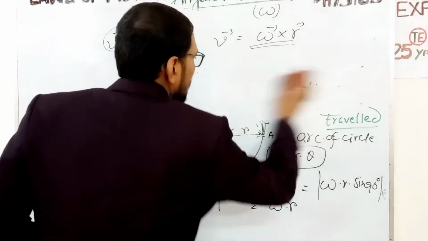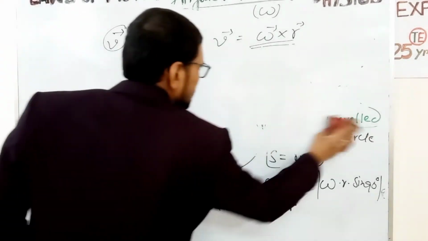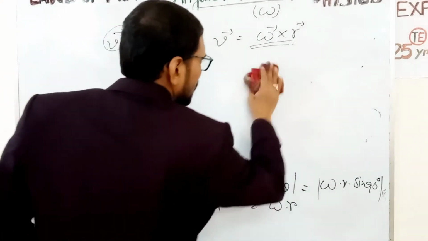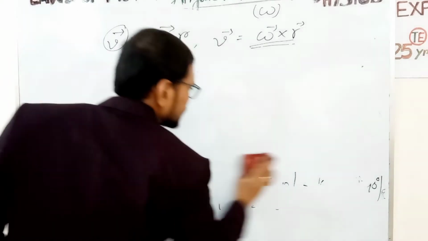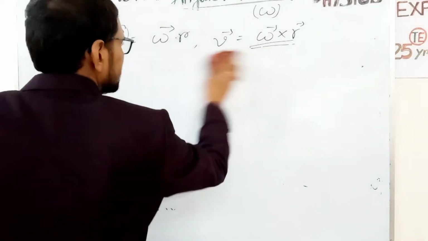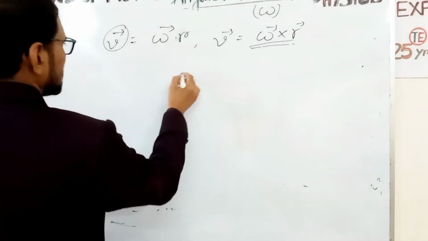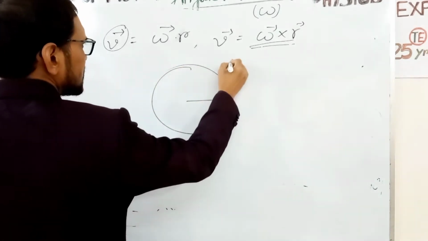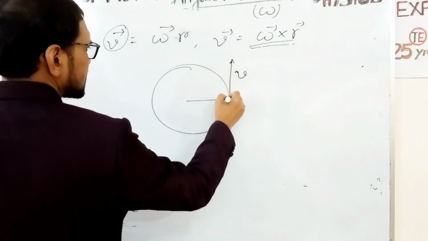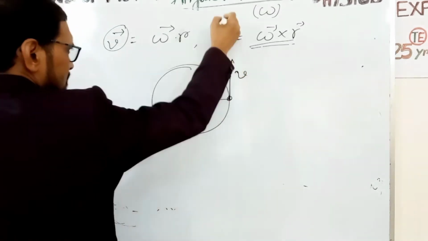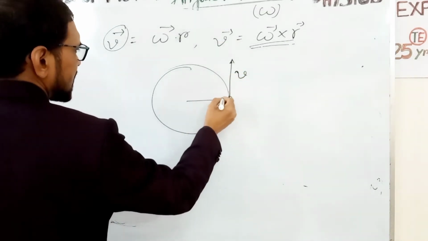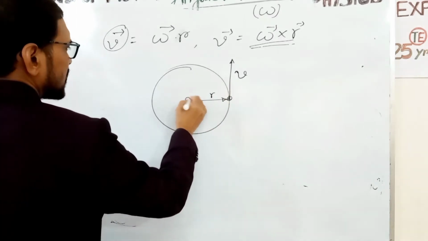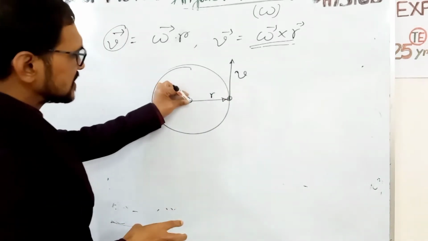One thing you should remember: suppose this is the velocity v, the direction when the body is here, and this is the r vector, and this is the direction of omega.